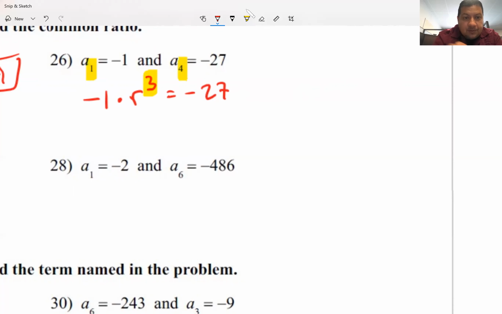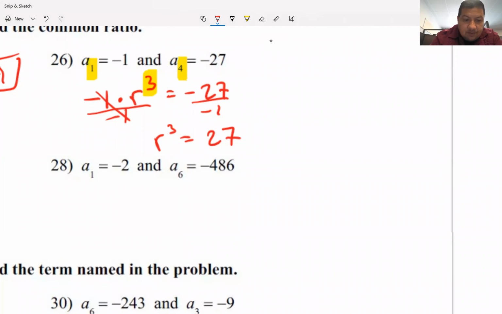All right, so let me start by dividing by negative 1. So I get that my ratio to the third power is equal to positive 27. Negative divided by negative is positive. Now I'm finding the ratio, not the ratio to the third power.